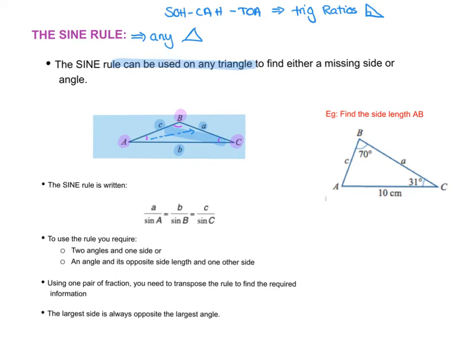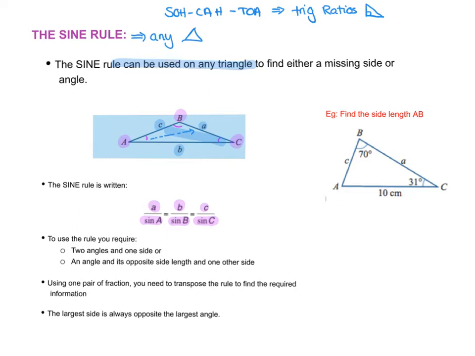So what is the sine rule exactly? If you get the side length of A and divide it by sine angle A, you get the same value as if you did side B over sine B, or C over sine C. What you're going to see is we're going to use a combination of two of these to find an unknown.